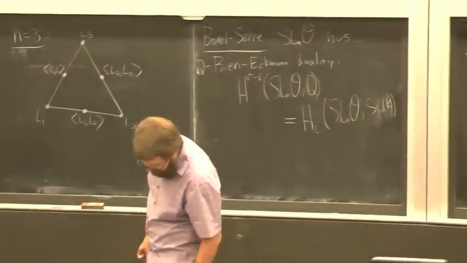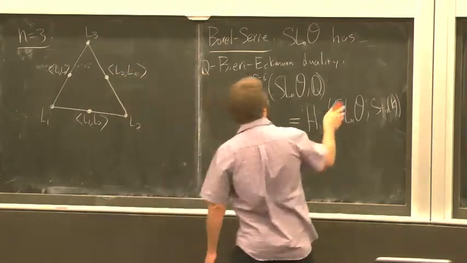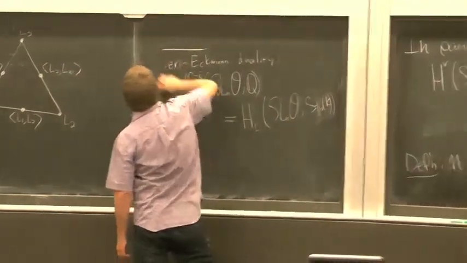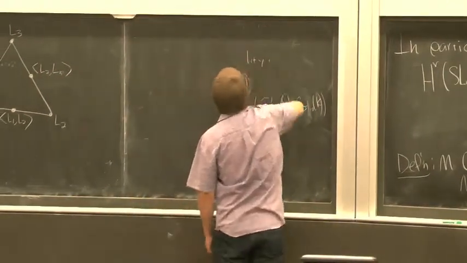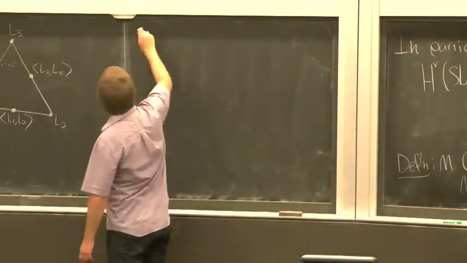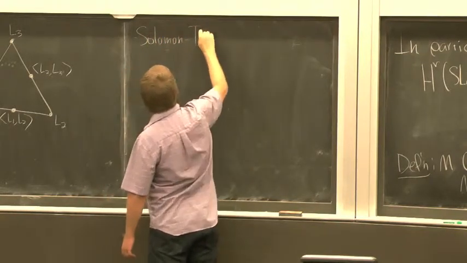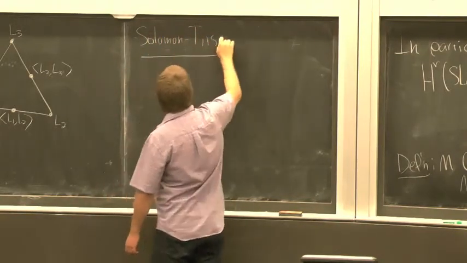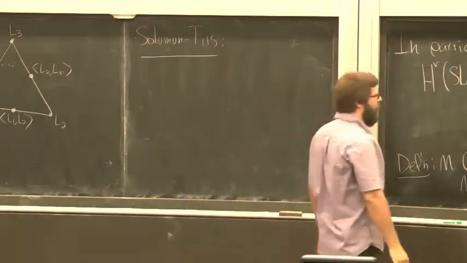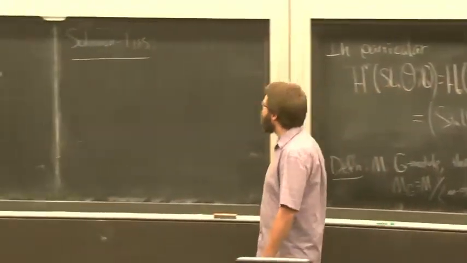Okay, so what does the Solomon-Tits theorem say? This says that the homology of this building is generated by these apartment classes.